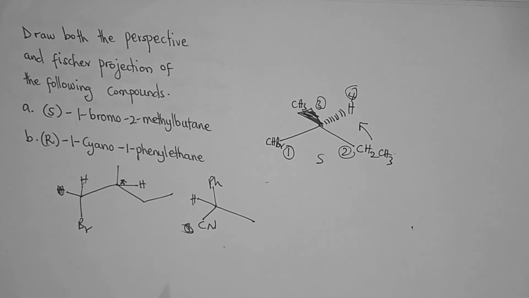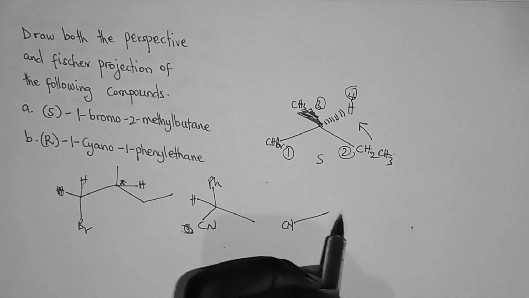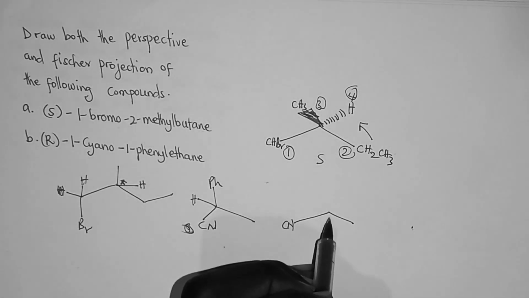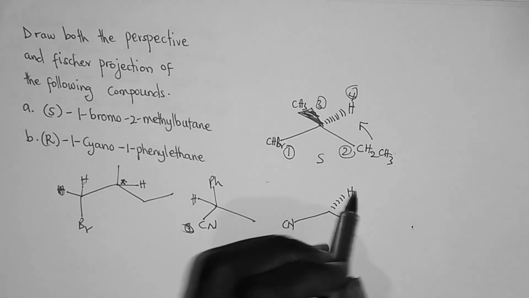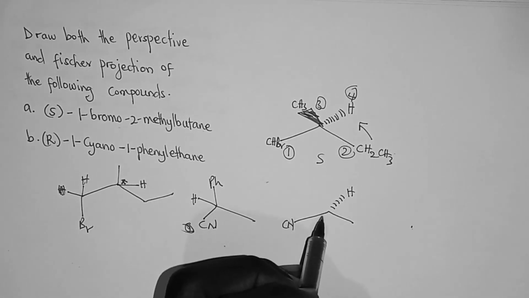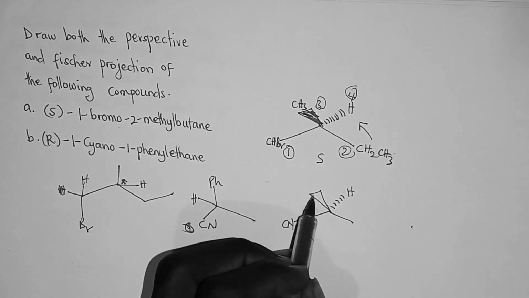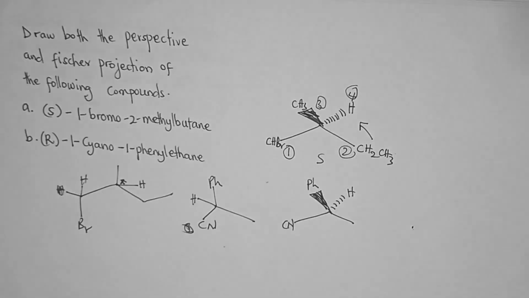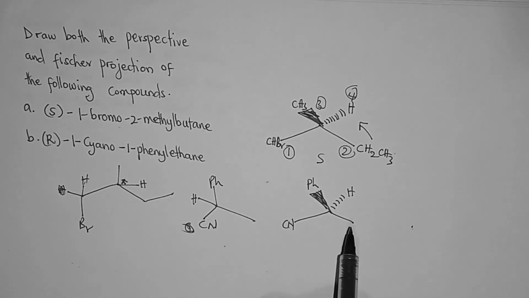Let's draw the perspective of this molecule. So the cyano group is here, and then the methyl is here. Let me put the proton on the dash bond, and let me put the phenyl on the wedge bond. So this is a phenyl. And let's check the configuration of this molecule.